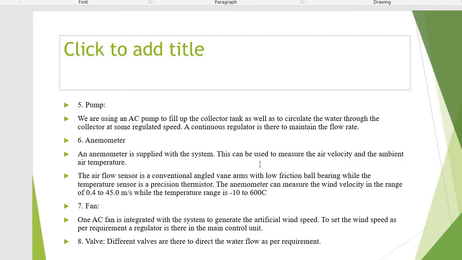We use an AC pump to fill up the collector tank, and an anemometer to measure the air velocity. One AC fan is integrated with the system to generate an artificial wind speed. To set the wind speed as required, a regulator is attached to the main control unit. Different valves control the water flow as required.